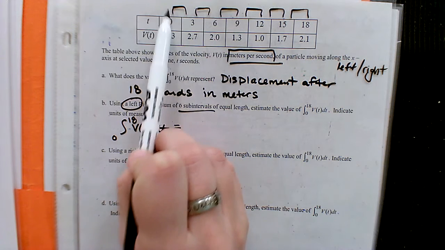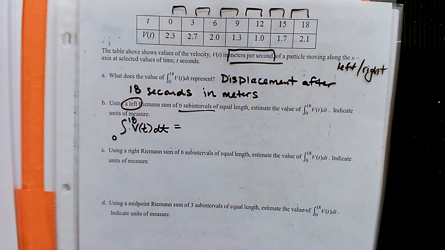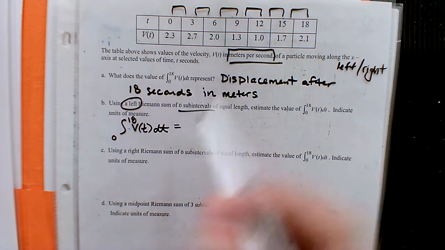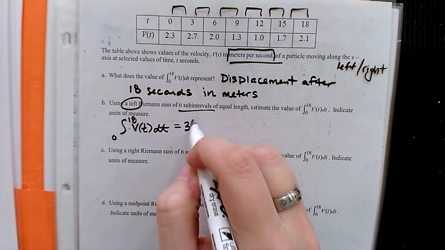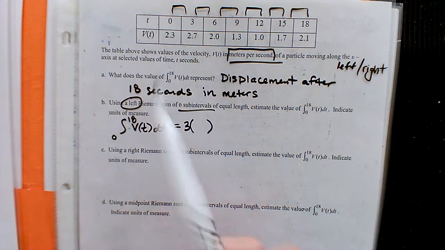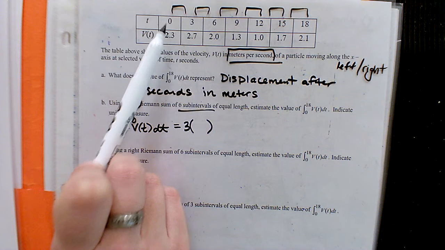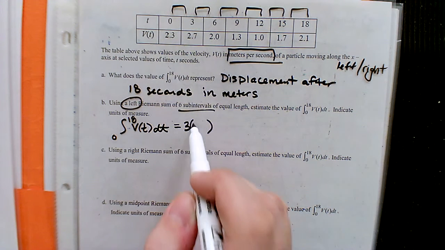So let's go ahead. We're going to find the area of this first rectangle. Area of a rectangle is base times height. The base of your rectangle is 3, because we have a change from 0 to 3 seconds. And then the height of that rectangle is going to come from the left endpoint. So notice the left endpoint of your rectangle is at time 0. The height, aka y value, would be 2.3.